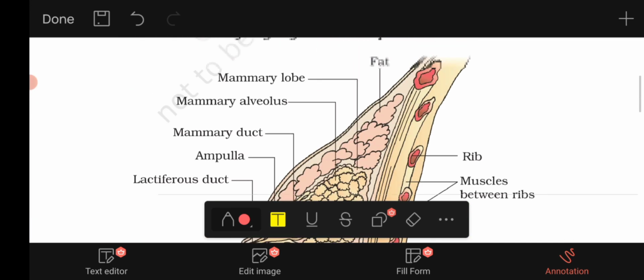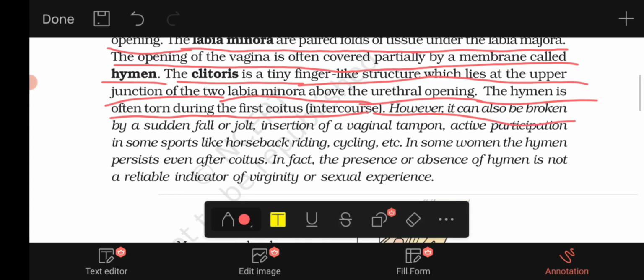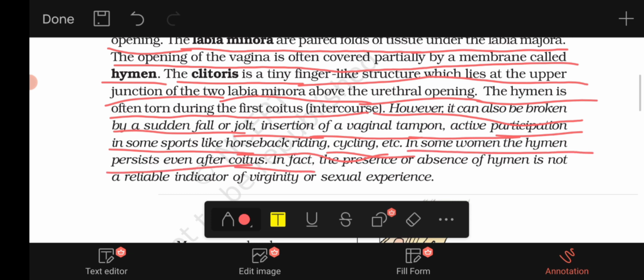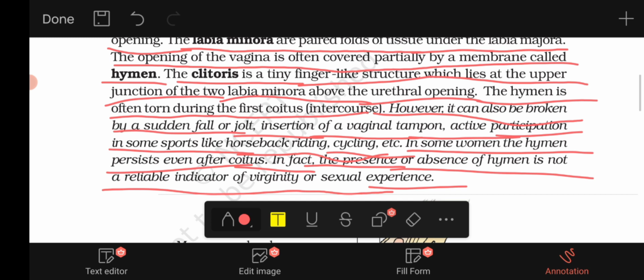However, it can also be torn by a sudden fall or jolt, insertion of a vaginal tampon, or active participation in some sports like horseback riding, cycling, etc. In some women, the hymen persists even after coitus. In fact, the presence or absence of hymen is not a reliable indicator of virginity or sexual experience. It might be broken down, or it might not break, or it might persist in a few women.